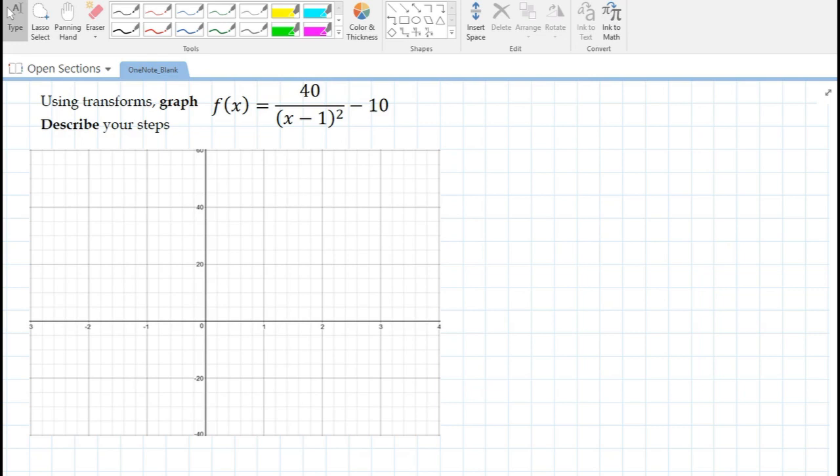Question number 4. We're going to be graphing this function, and we have to describe our steps. So we're going to start with the easy part. Because we have inside the parentheses a -1, when we have any grouping symbol, we know there is going to be contra logic. So we're going to shift right 1 unit.